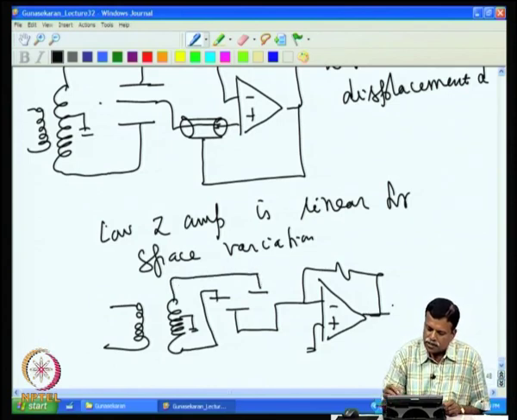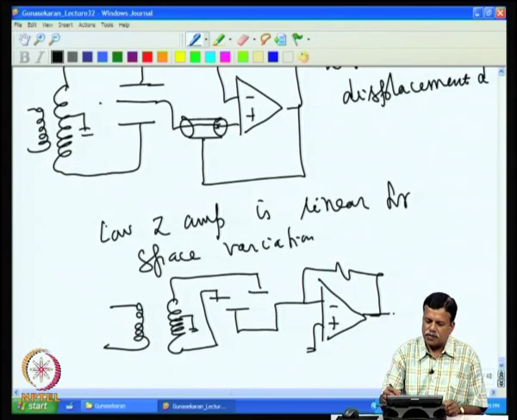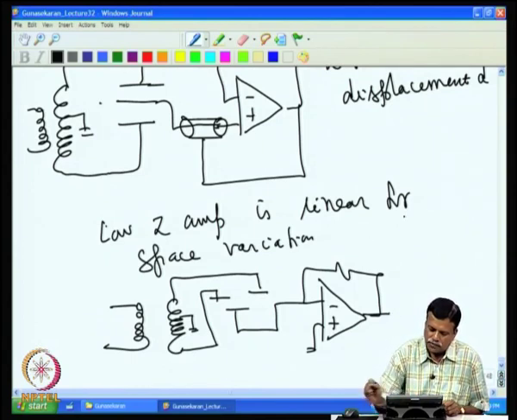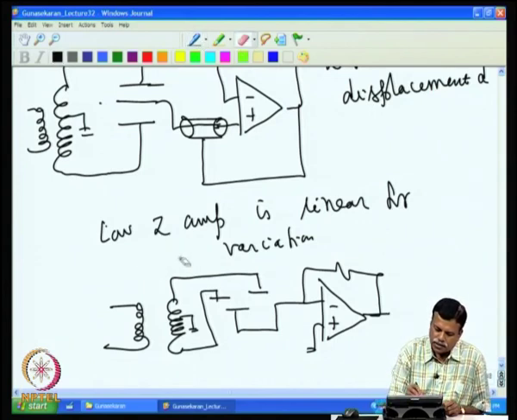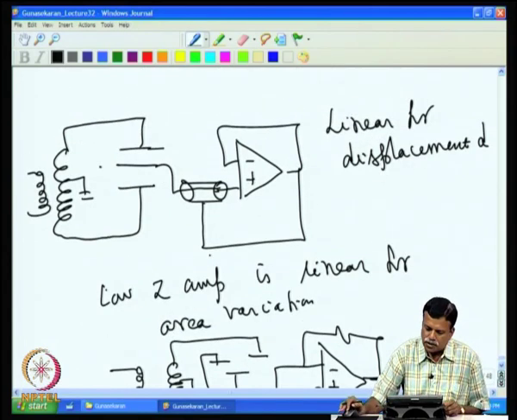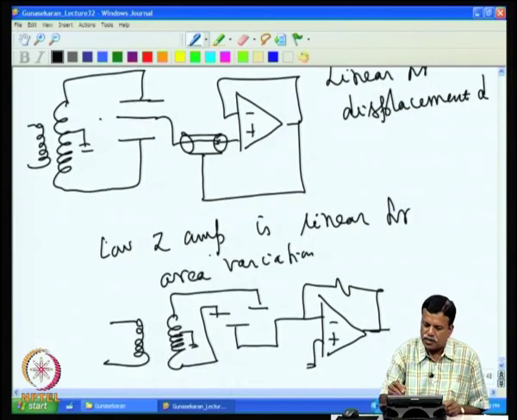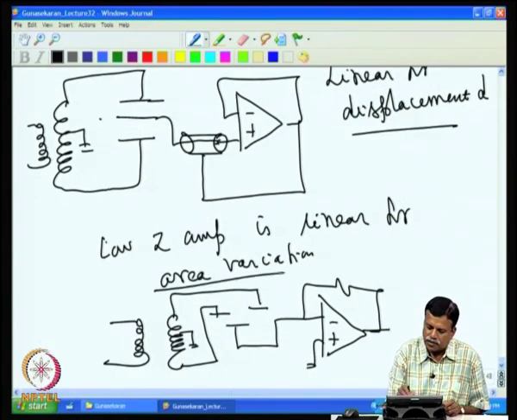So, again this is linear for area variation, sorry, this is for area variation. So, linear for displacement d, and then this is linear for area variation.